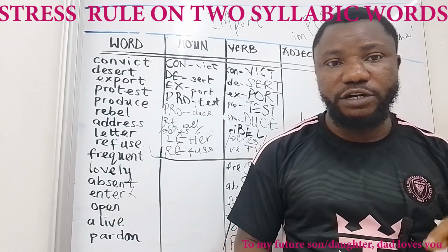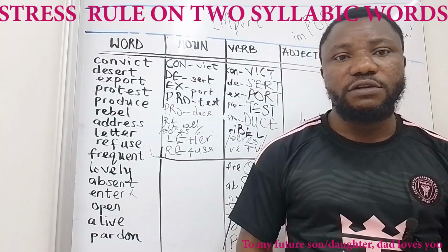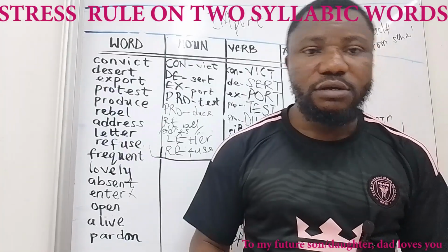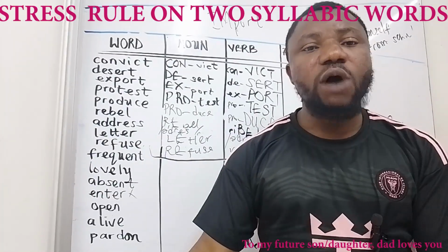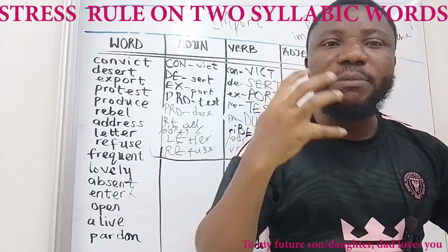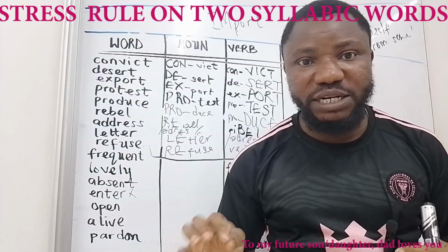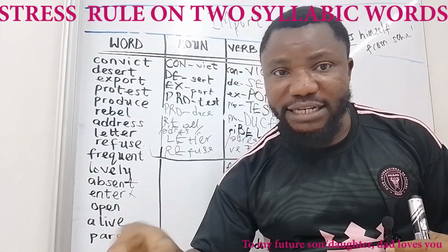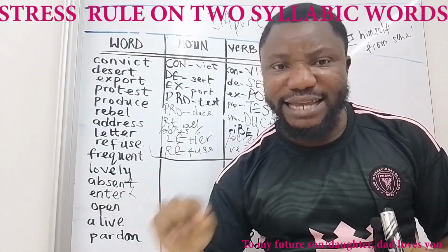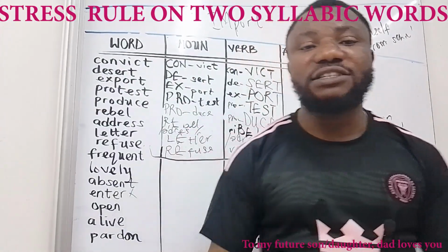Absent, adjective; verb, absent. Frequent, adjective; frequent, verb. Pardon, verb. Why? Because the pa is a dominant vowel, the long R sound, and then you have don, pardon. The O in the D-O-N is a weak vowel sound. So that is that about this class.